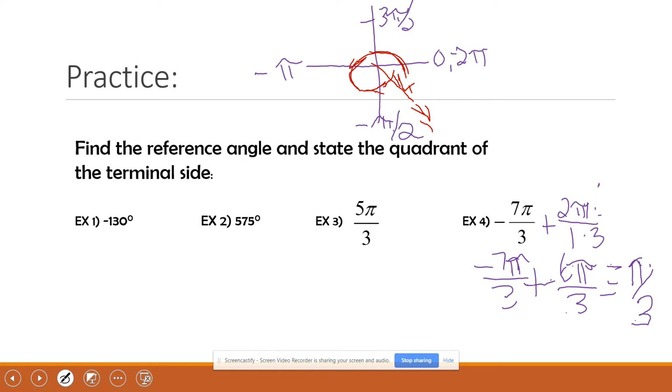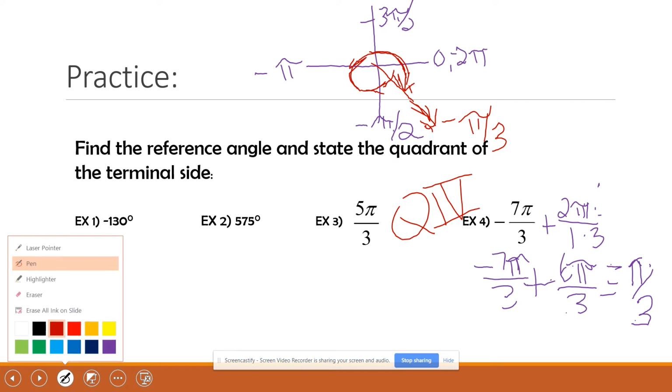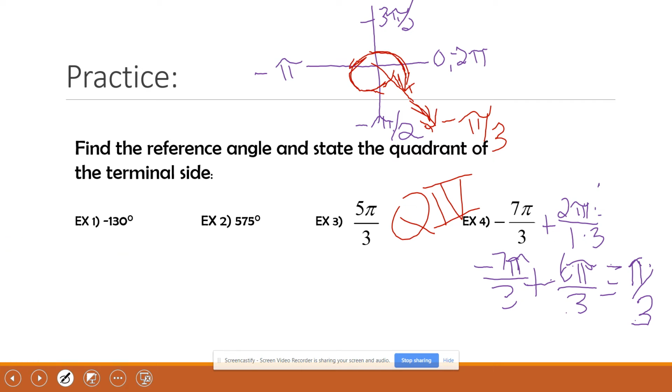So our terminal side is in quadrant 4 again. For our reference angle, our nearest x-axis is again up here at 0 and 2 pi. And we're looking for this reference angle right here, touching the x-axis and tucked up into the corner of the origin.